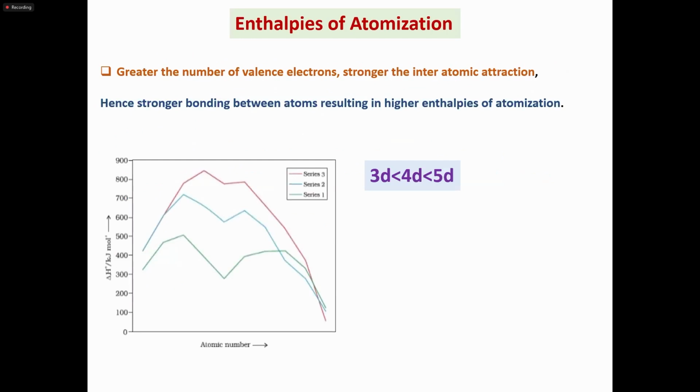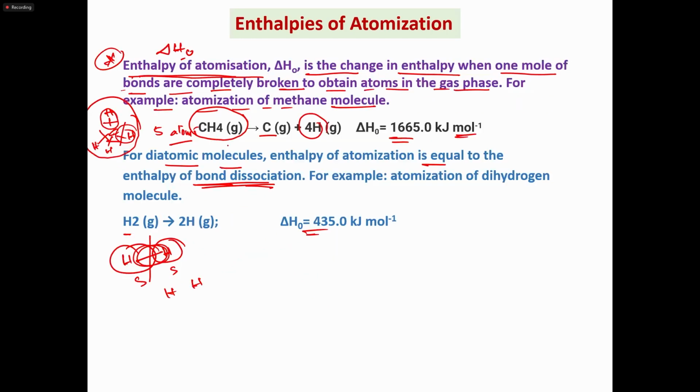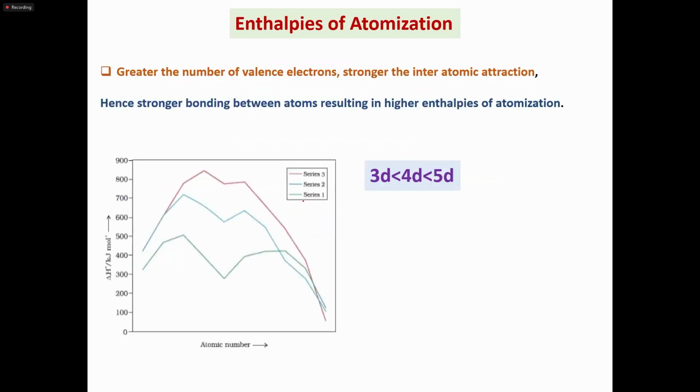With this concept of enthalpy of atomization, we come to the 3d series, the 4d series and the 5d series. Then we have to think about which series has the stronger metallic bond.